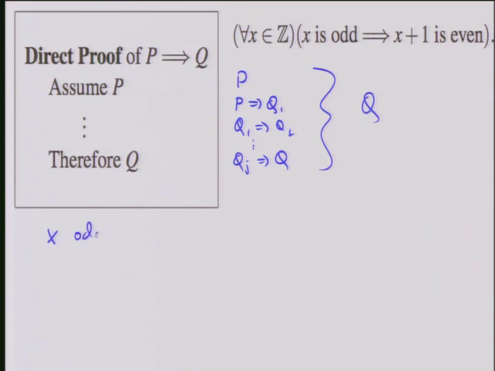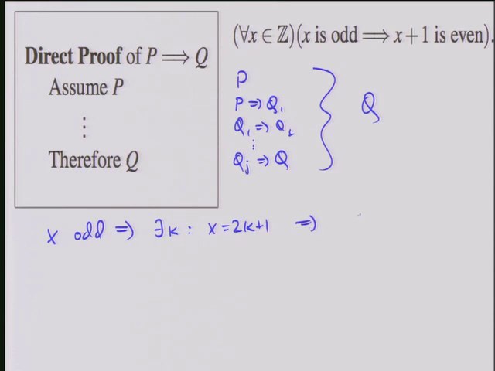X is odd is the same thing as saying there exists k such that x is equal to 2k plus 1. Actually, since I'm doing a direct proof, I'll just do that.